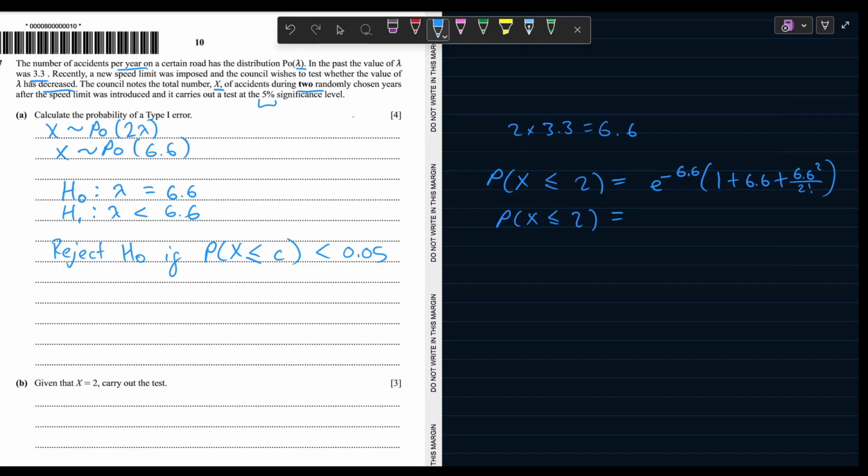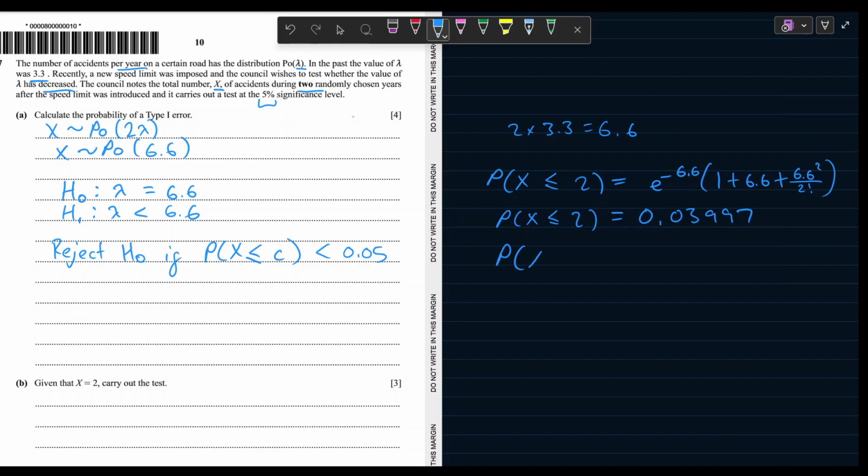Punching that into the calculator gives 0.03997. This is less than 0.05, but we need to check the next number, 3, because that might also be less than 0.05, since we want to include all the values that are less than 0.05.